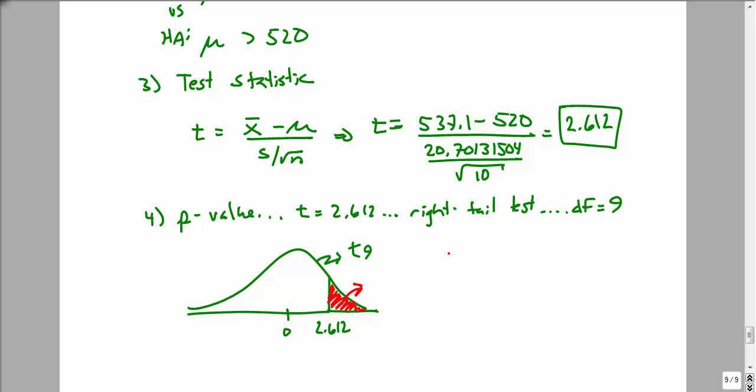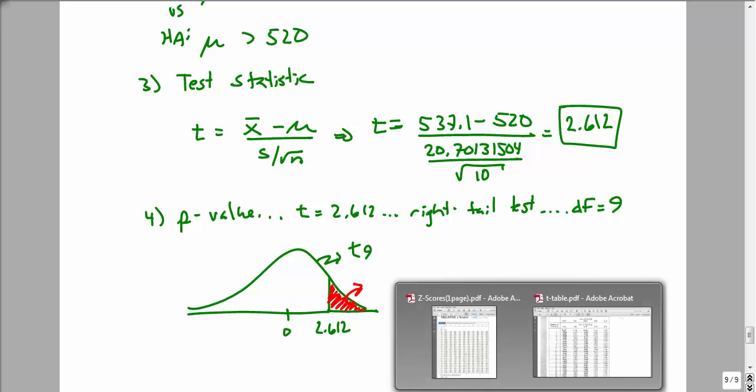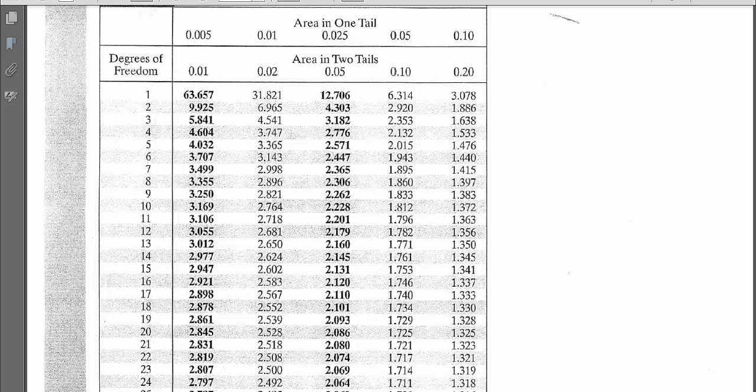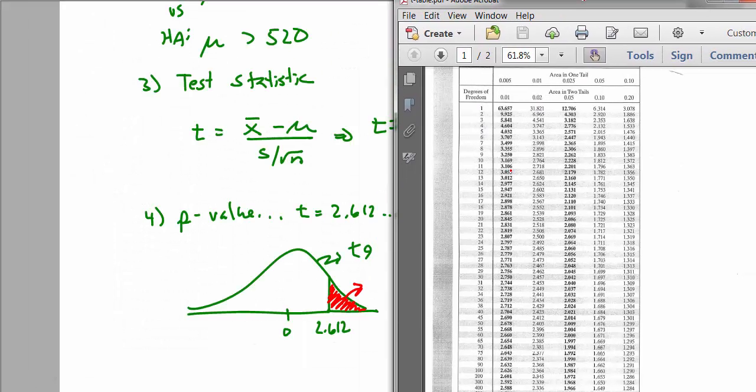Now if we look on our t tables, the best we can get is an approximation. Under 9 degrees of freedom, we're trying to get the closest value to 2.612. Well, 2.612 is in between 2.262 and 2.821.